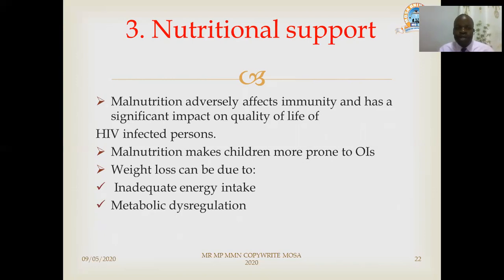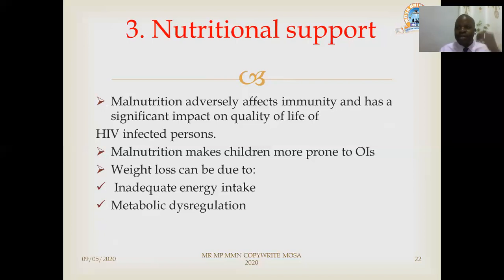So malnutrition makes children more prone to opportunistic infections. Here we are just talking of children. We're not talking of children only with HIV infection, but as long as they are children.